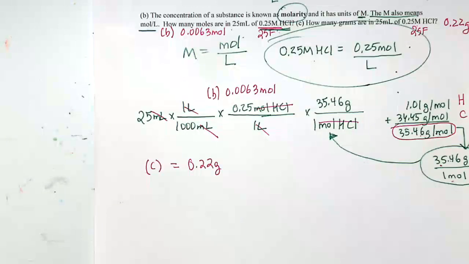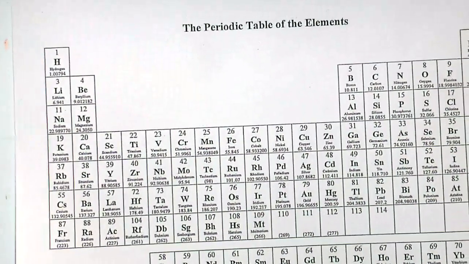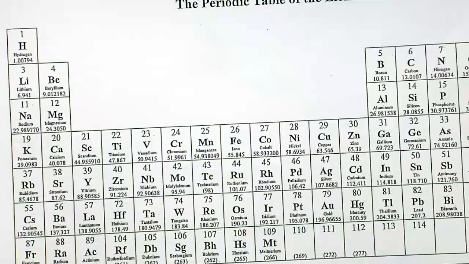So let's see the time here. I think I have 15 more minutes. So let me just take these 15 minutes to talk a little bit about the periodic table. I have a stack here, but let me just go over some things very briefly, maybe 10 minutes or so.